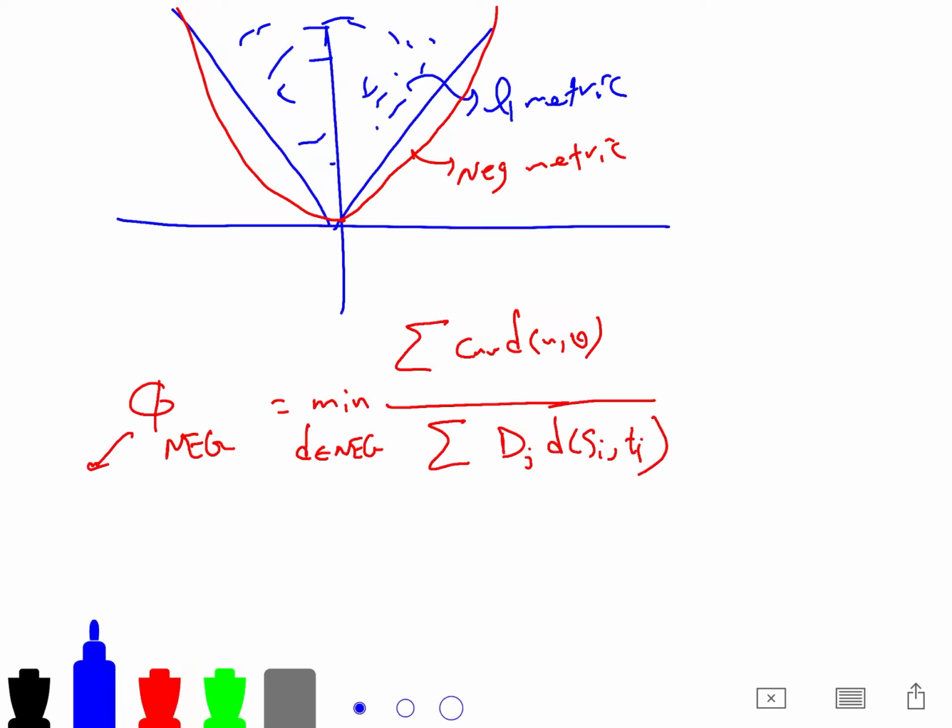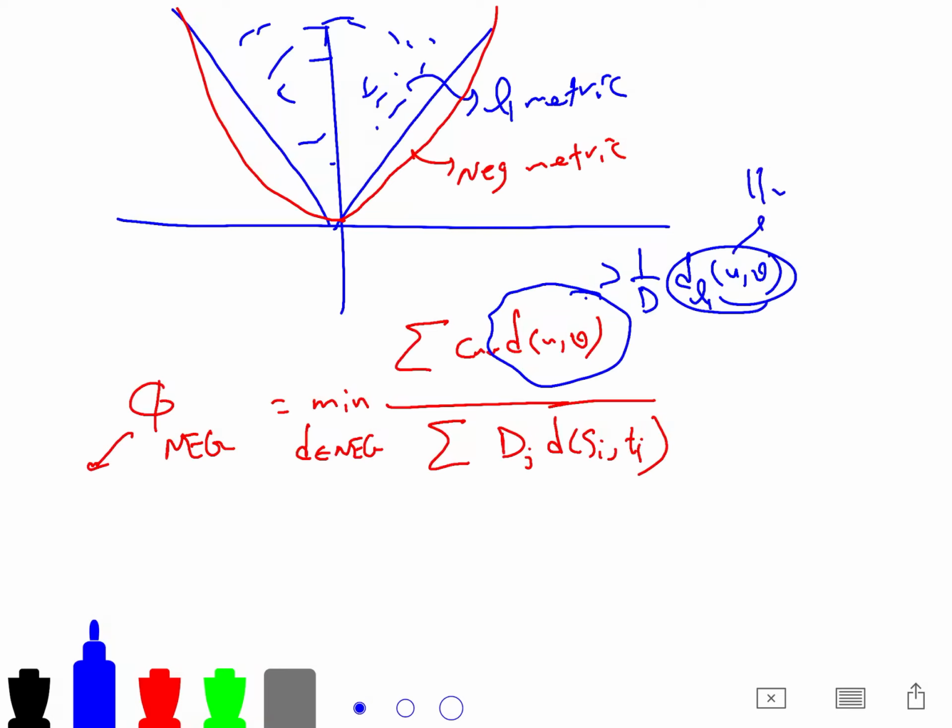Now what is interesting is that if we could somehow prove that this distance D, remember D is a negative type metric, is greater than some constant factor of your L1 metric of U and V, as you know, this is just U minus V in L1. Because the L1 metric is inside your negative type metrics, it's a relaxation.